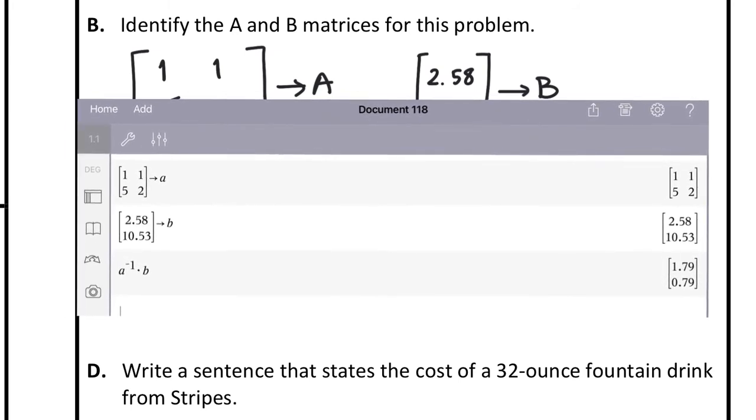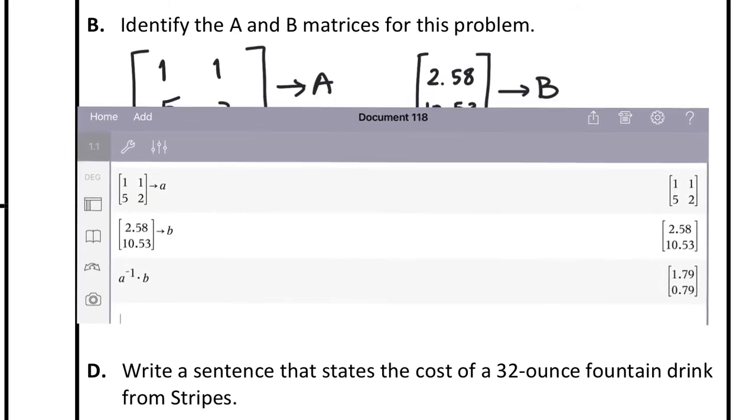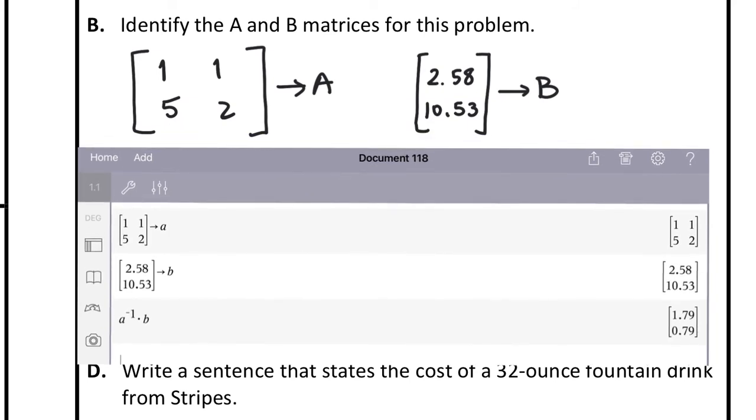And so what I typed was my A matrix and my B matrix. So I just typed this matrix as my A, typed the other one as my B, did A to the power negative 1 times B, and it gave me the two values. The first one is the value for T, and the second one is the value of D.